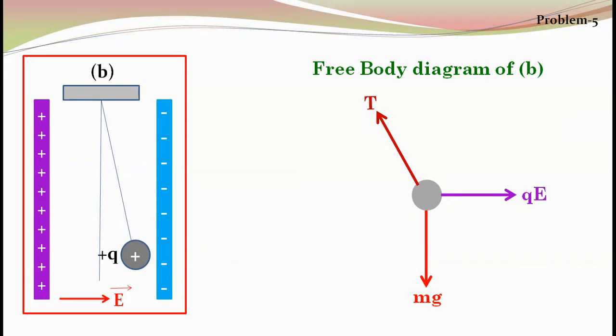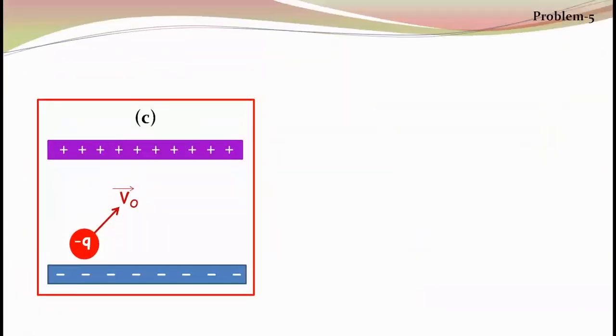Okay. Now we'll go into subdivision C. Again, we have 2 parallel plates, one carrying positive charge and the other carrying negative charge. If you look at the diagram clearly, we can see a negatively charged particle, minus Q, moving with the velocity V0. Before starting the topic, what did we see?